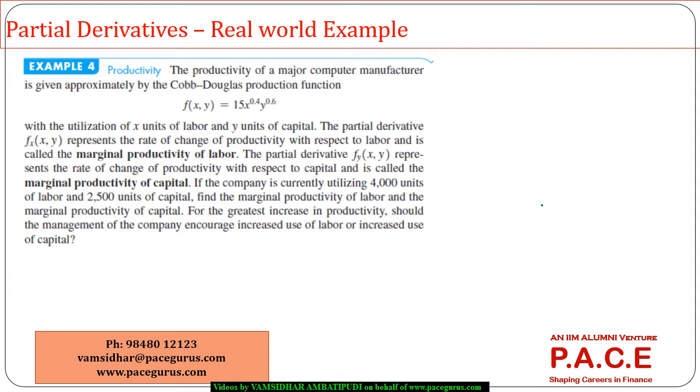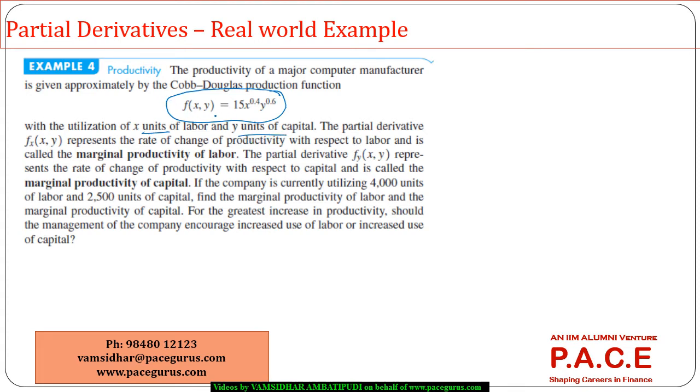Let's look at one more real world example of partial derivatives. This is from the economics world. The productivity of a major computer manufacturer is given by the Cobb-Douglas production function. So this is the function that we are looking at. x and y: x is units of labor, y is units of capital.